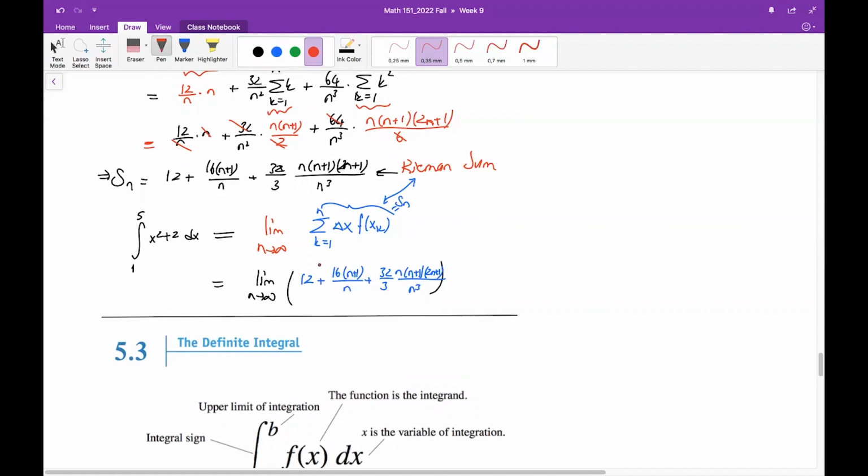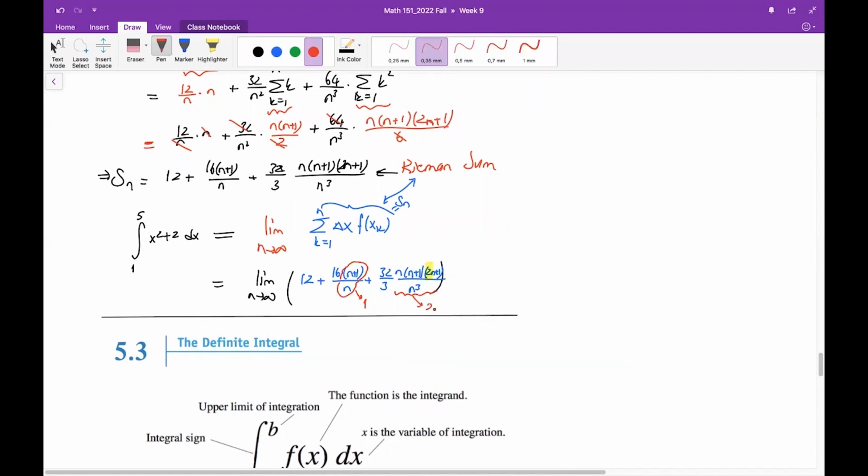So let's try to understand. This part, obviously, since the degrees are equal, as n goes to infinity, goes to 1. And this whole part, again, as the total degrees are equal, the limit of this part as n goes to infinity will be the ratio of the highest degree terms' coefficients.